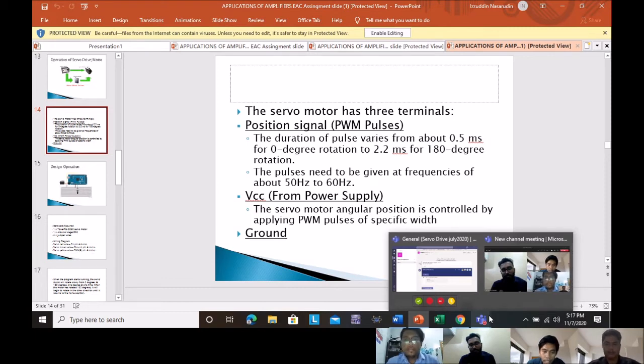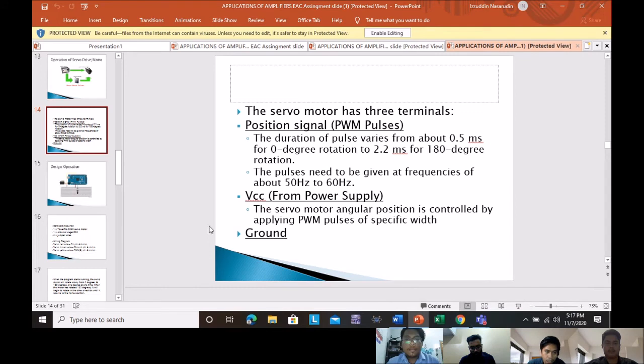The pulse needs to be given at a frequency of about 50 Hz to 60 Hz. Next is the VCC from the power supply. The servo drive angular position is controlled by applying a PWM pulse in a specific way. And lastly, the ground.